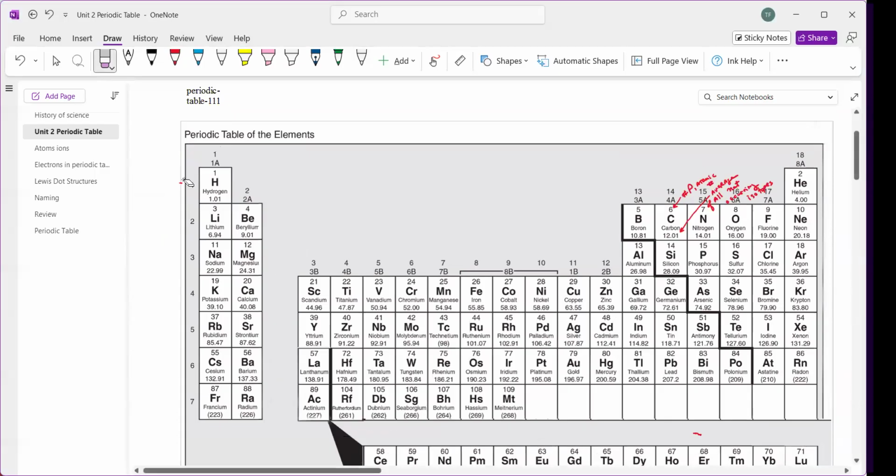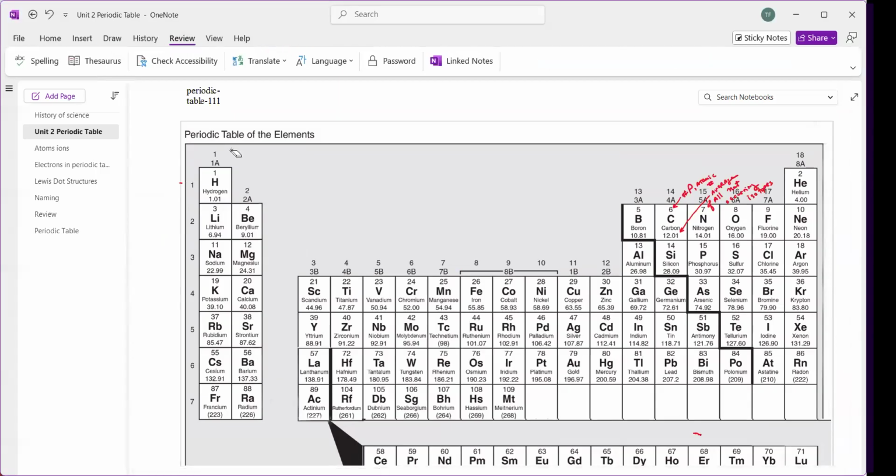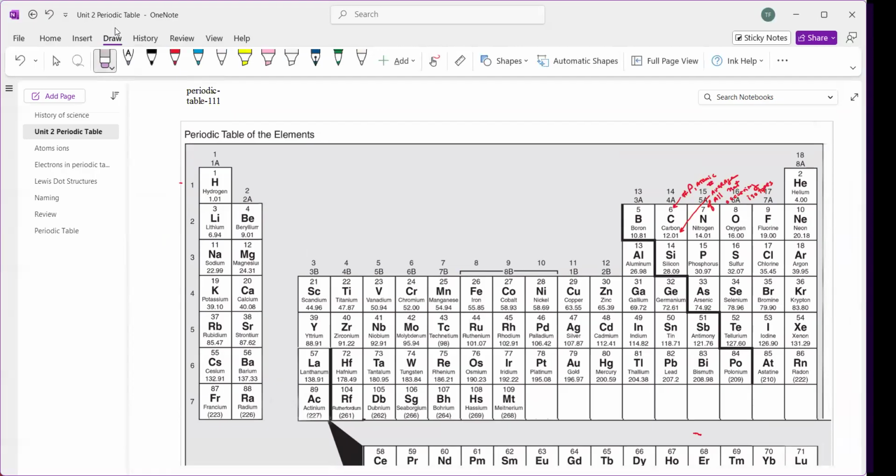Okay, there are groups. Groups are columns.